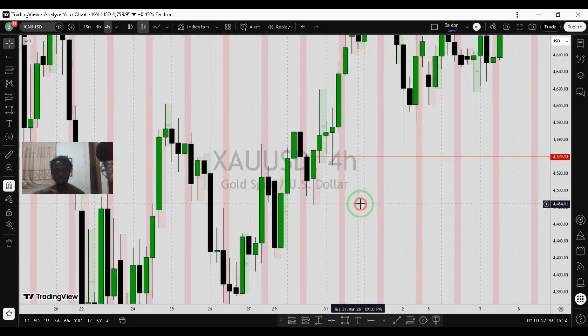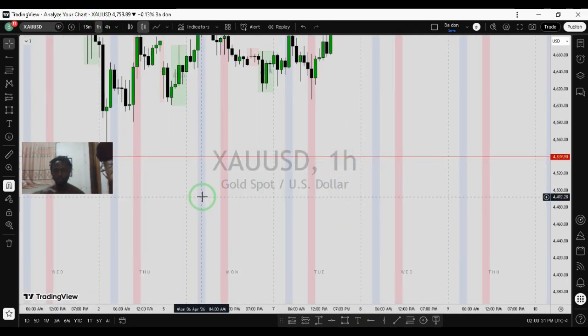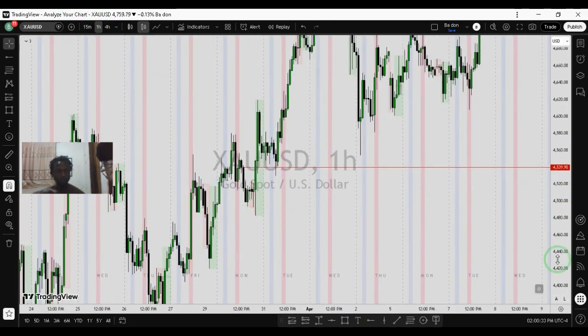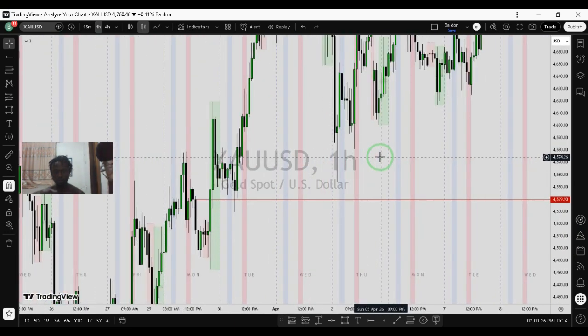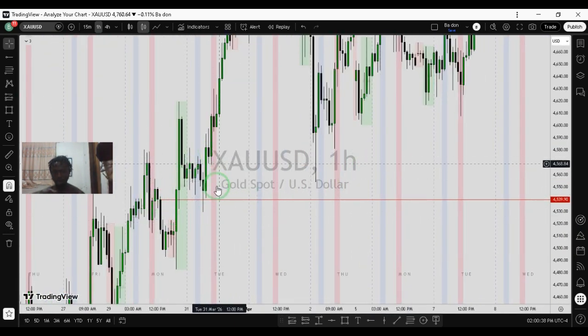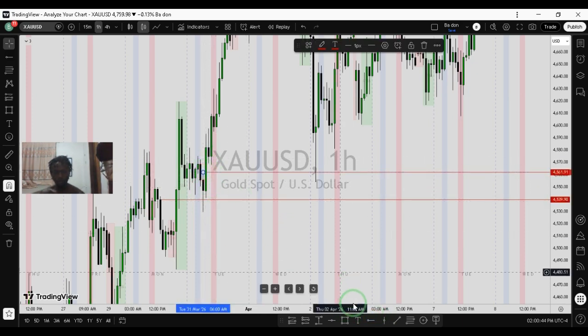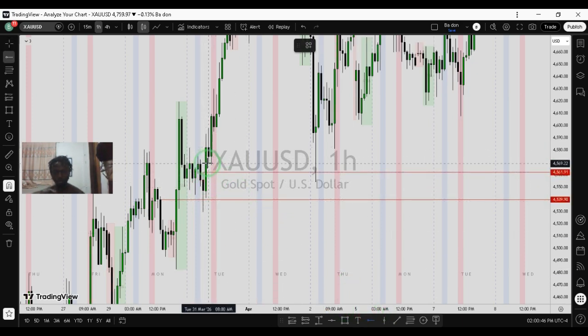So we go back to the 1-hour time frame. And right here, you see how price tapped into the POI and displaced and gave us a valid order block with a fair value gap.